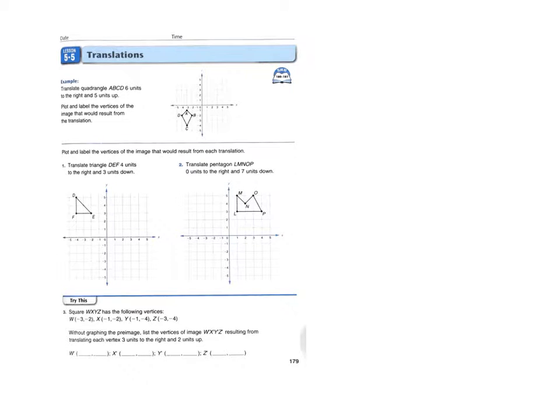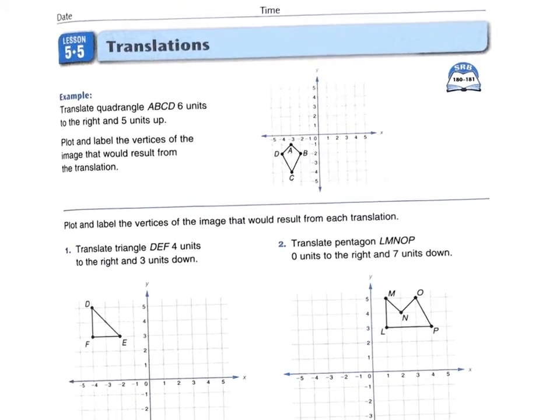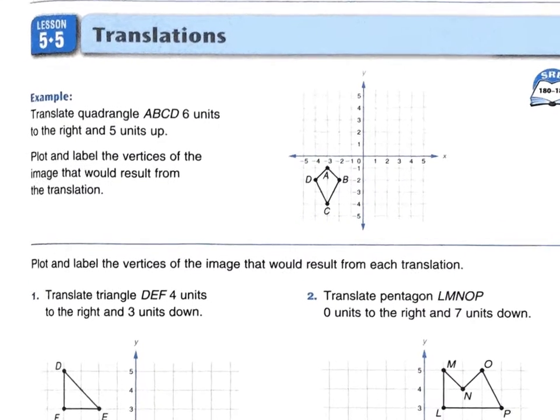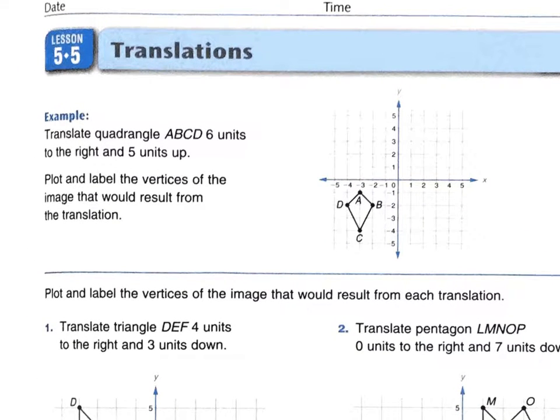We are now on page 179, next page over. We're going to take a peek at this page together as well before you do your assignment. So we're looking up at our example here. It says translate quadrilateral ABCD, which is already shown, 6 units to the right and 5 units up.